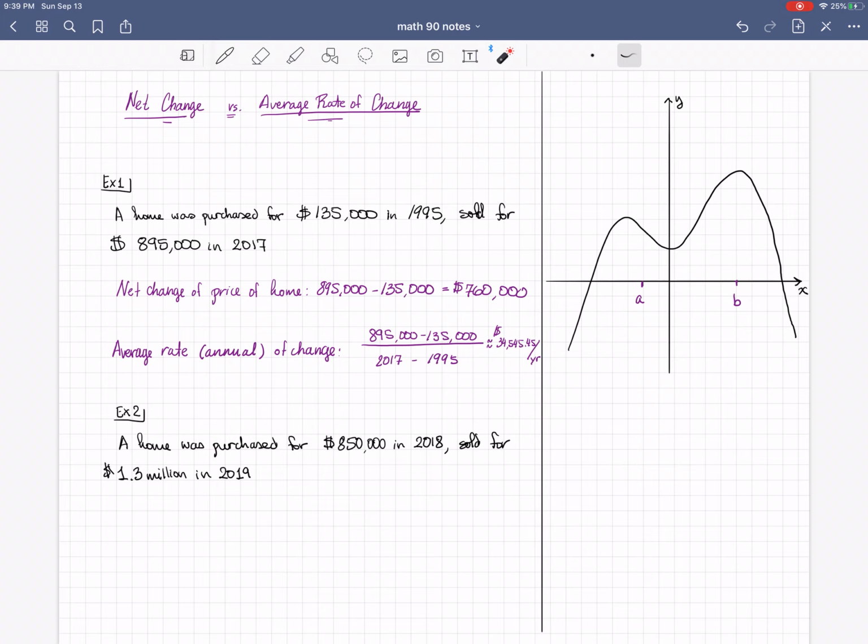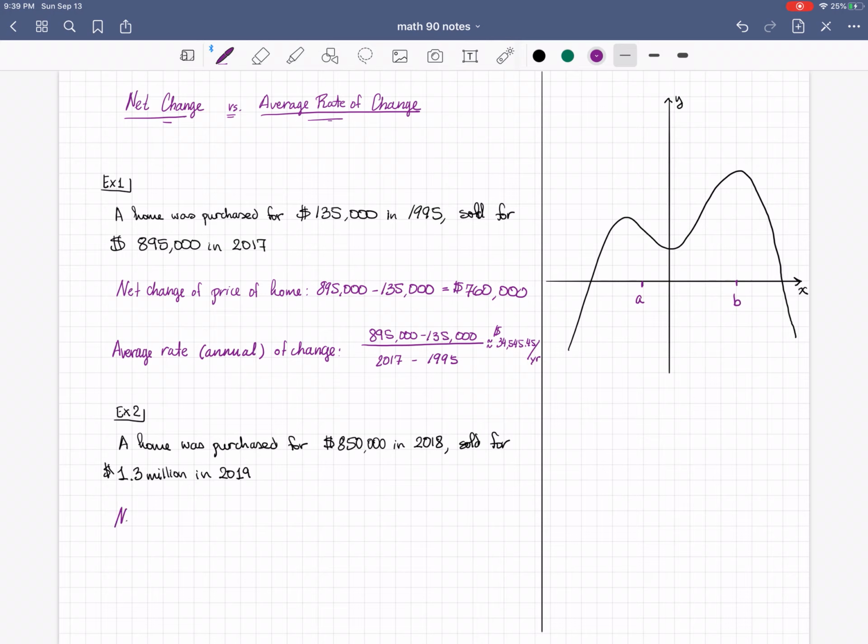Now, let's look at example 2, and then we'll talk about these two in a compare-contrast format. Here we have a home purchased for $850,000 in 2018 and then sold for $1.3 million in 2019.